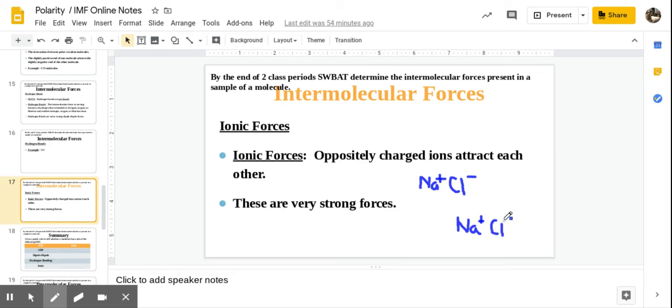So the picture is going to look very, very similar in that the positives are still going to attract the negatives, but the big difference here is that there's no slight sign. So that means that these are the strongest. It's full positive and full negative. So they will be attracted to each other even that much more strongly.